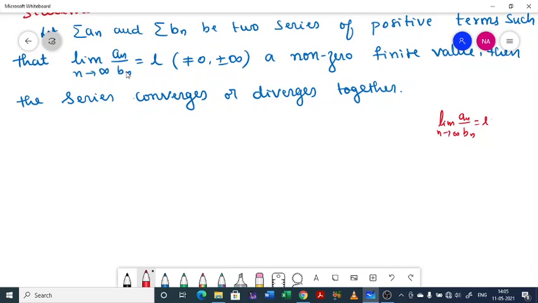Suppose it is equal to 0 or plus or minus infinity, then what do we do? Then we cannot apply the comparison test.